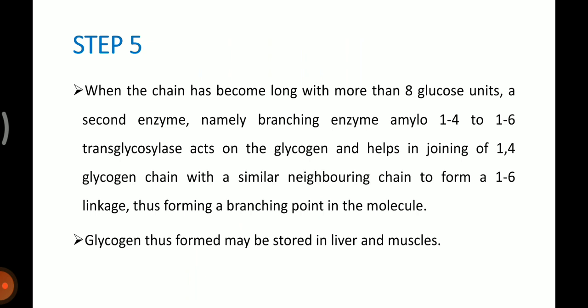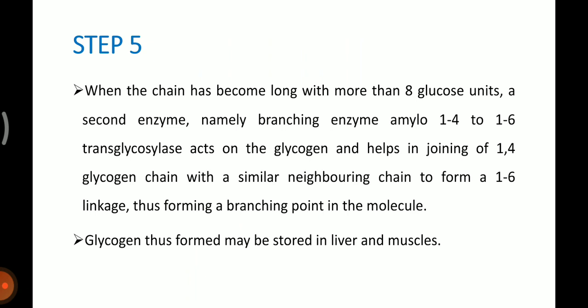The 9th molecule is not paired with the 8th molecule because it starts forming another chain. The two chains are interlinked by a 1,6 glycosidic linkage. And between two glucose molecules, they are linked by a 1,4 glycosidic bond.